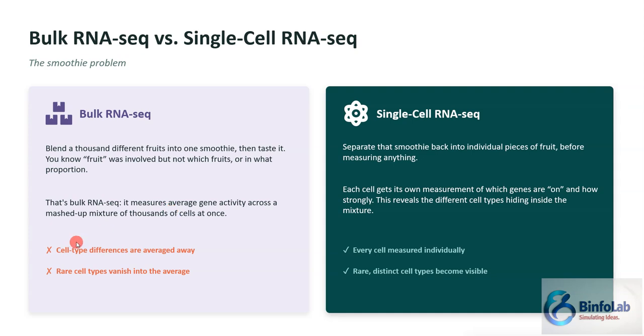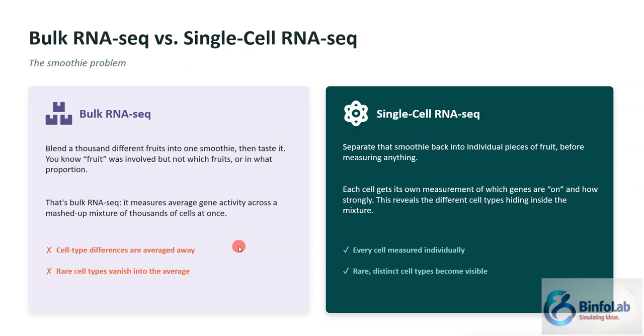So what two things do we actually lack in bulk RNA sequencing? First of all, cell type differences are averaged away. The majority of the cellular differences are expression differences, and they are averaged away. As a result, rare cell types vanish into the average.